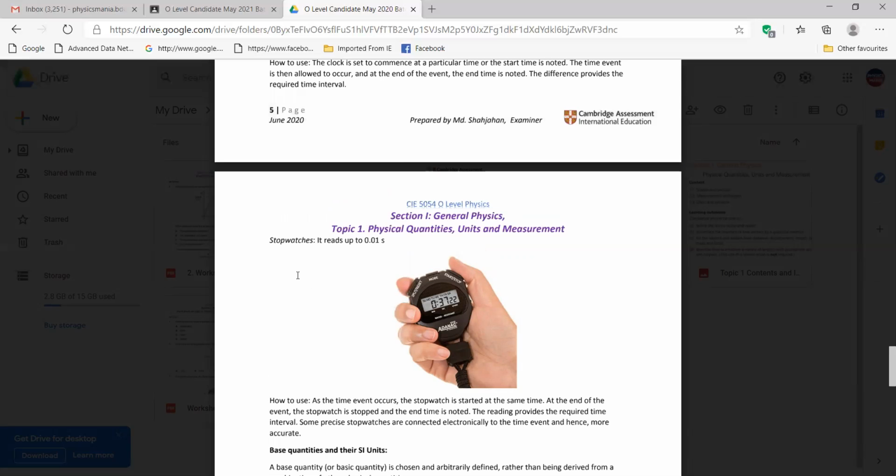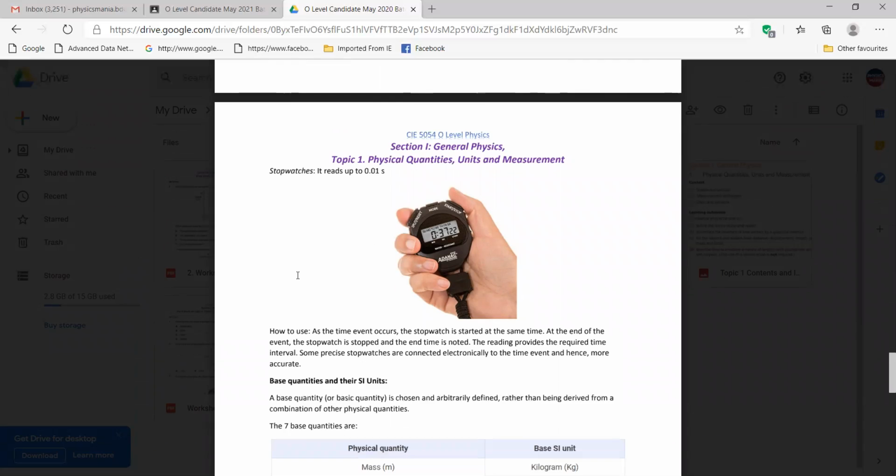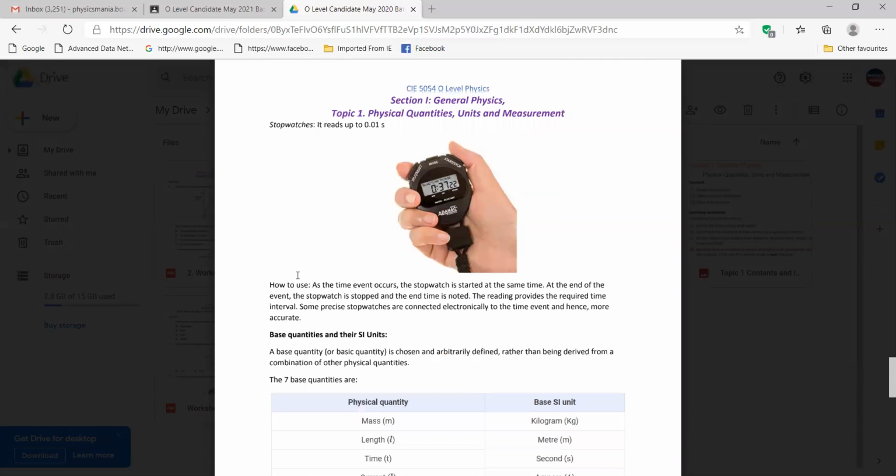And in clocks, we get till 1 second accurately. So the stopwatches we use in physics lab, in scientific research, in athletics, in treatments, and many other places. Okay, yes, sir. Then continue.